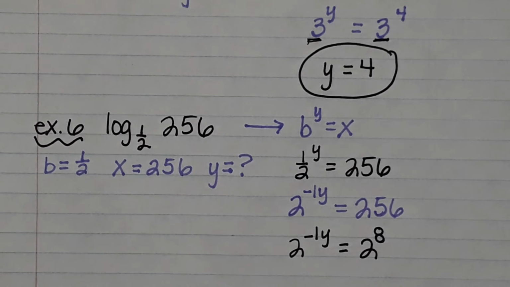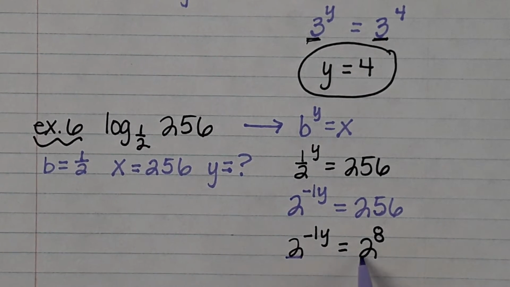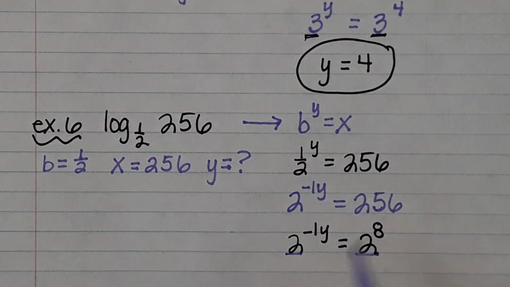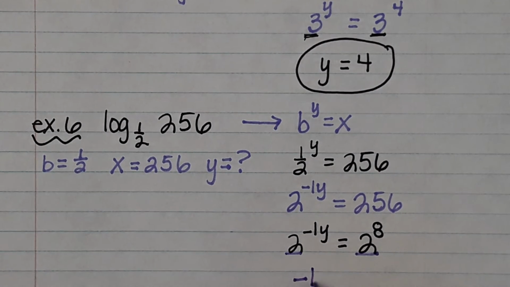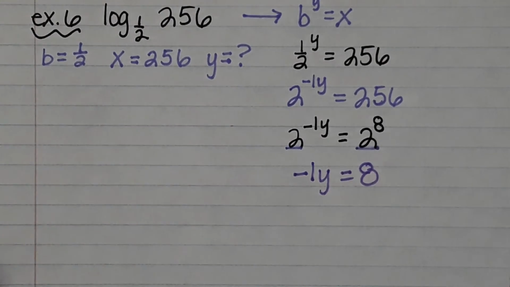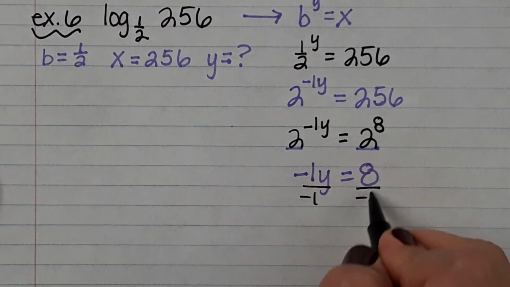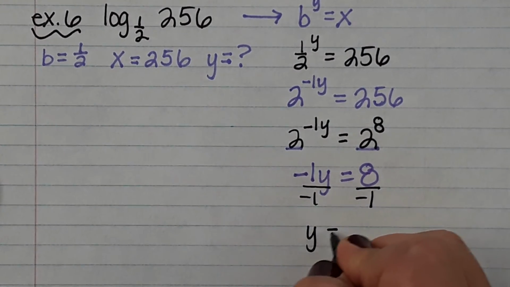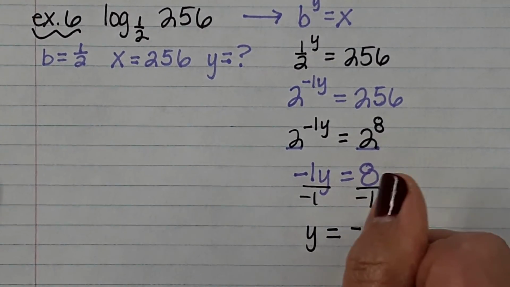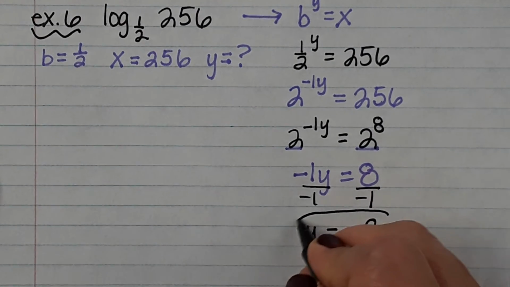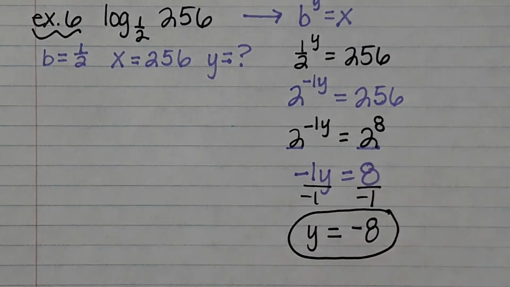Now, the bases are the same, right? So I'm going to take the exponents and set them equal to each other. Negative 1y equals 8. And what am I going to divide by? Negative 1. Y equals negative 8. And that's our answer.